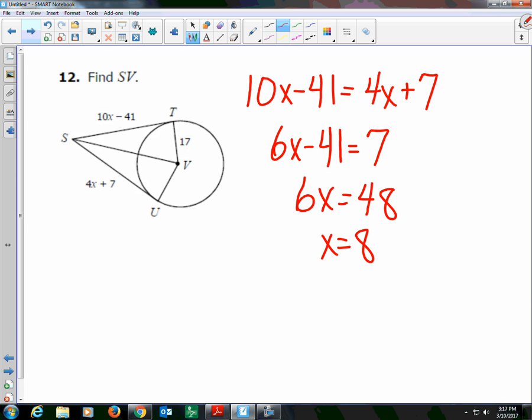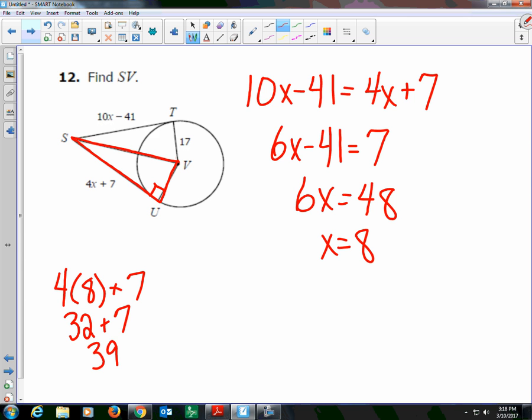I need to find SV, this distance here. Well, we know that tangents form right angles with the radius of a circle. So if I use this triangle SUV, there's my right angle down at point U. I know that x is equal to 8, so when I plug in 8 for x, I get 32 plus 7, which is 39.